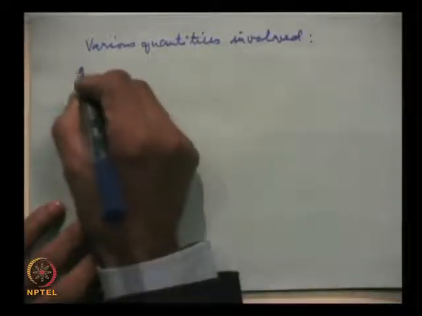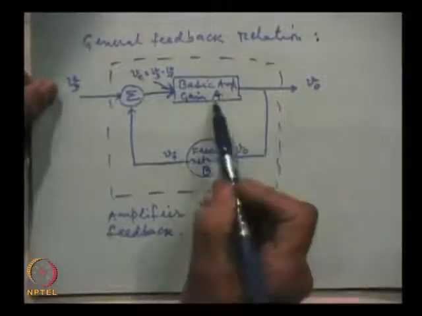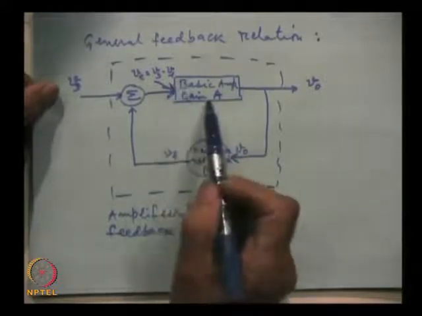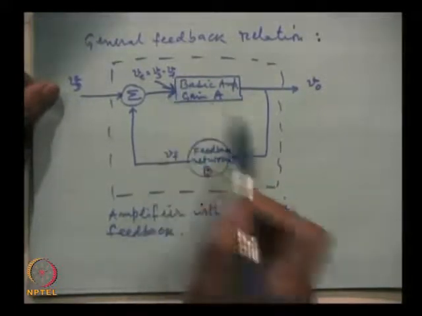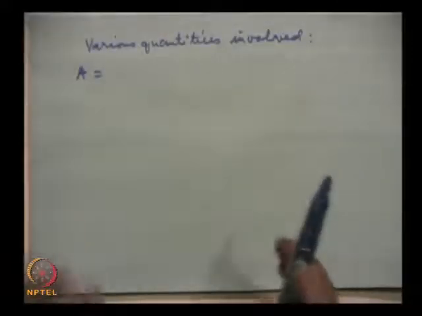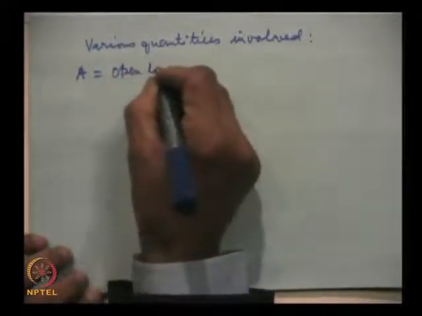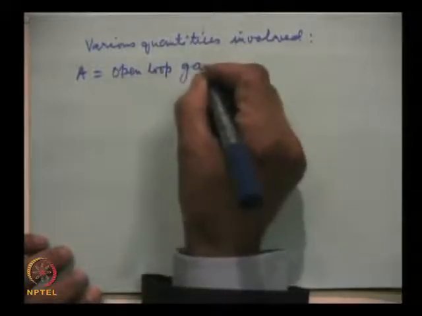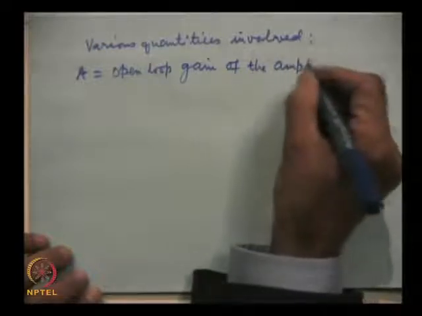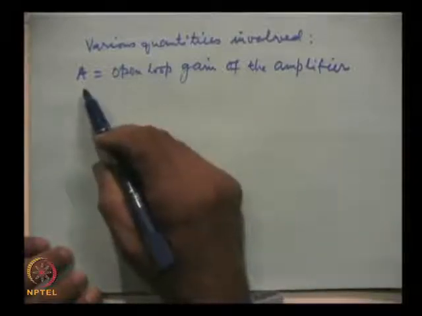First of all, A. Remember this circuit: A is the gain of the basic amplifier, and this basic amplifier is the open loop amplifier. This whole becomes the closed loop amplifier with feedback. A is the open loop gain of the amplifier, that means gain without feedback.